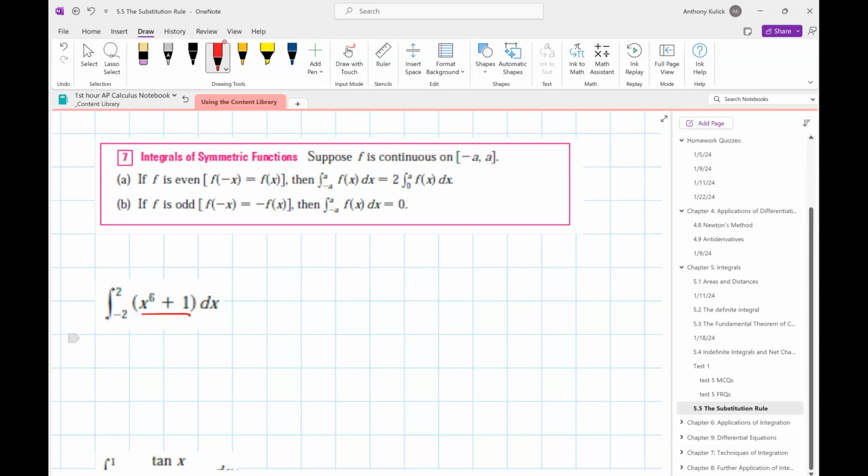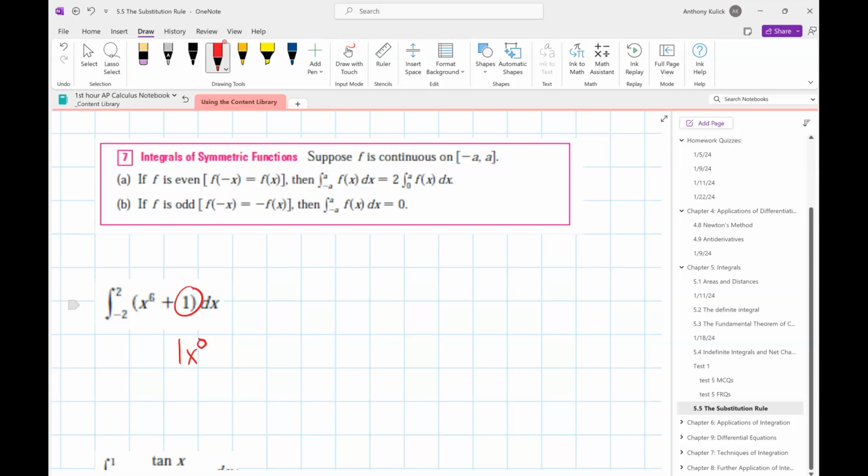If you have a polynomial, the degree for each term must be even for the polynomial to be an even function. What's the degree on 1? It's not 1. It's 0. Because it is 1 times x to the 0. So this is even, because the degree of each term is even.